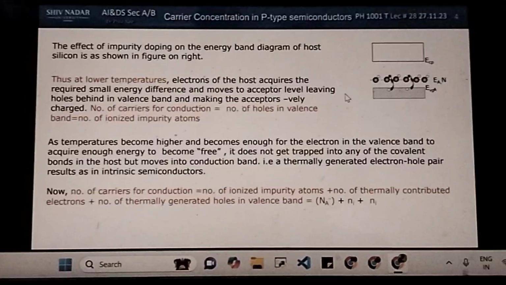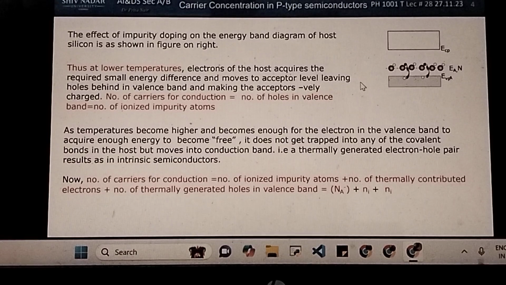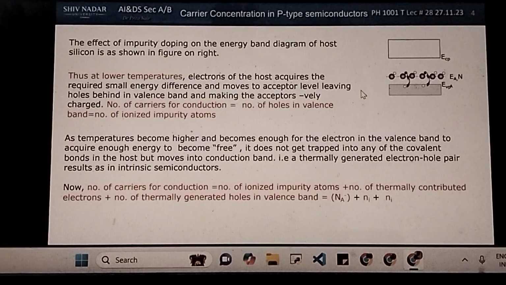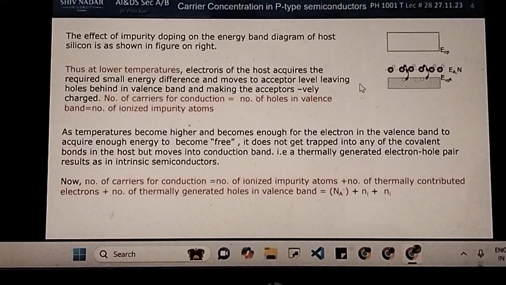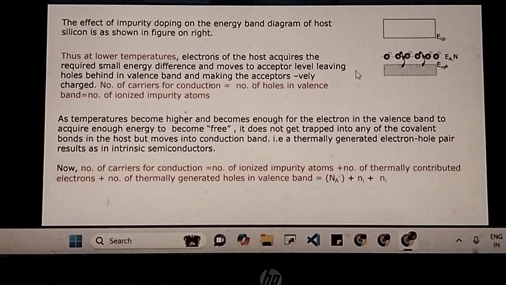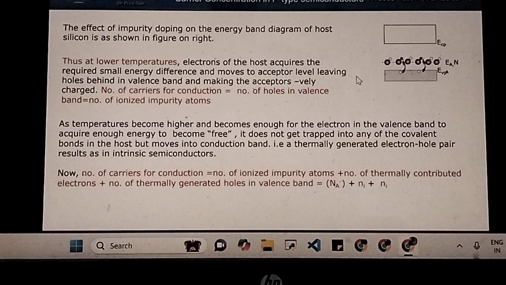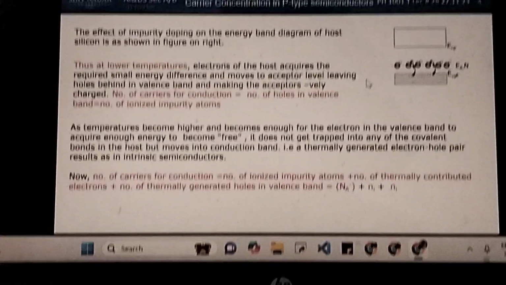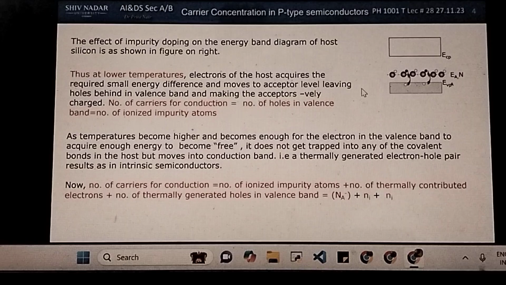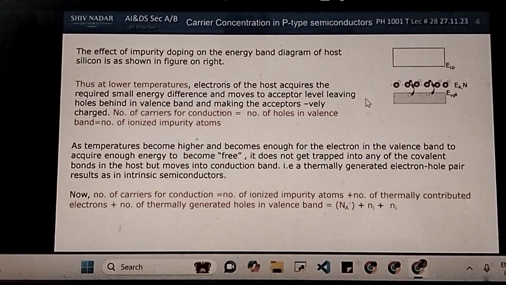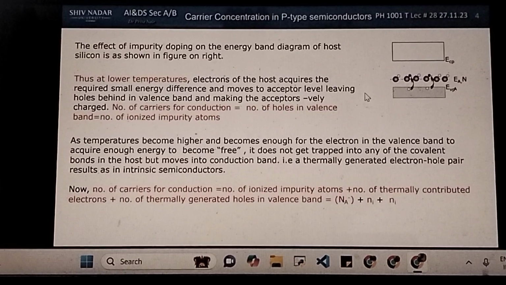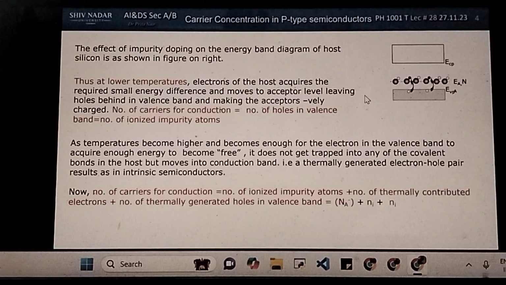Similarly, in the case of p-type, initially the electrons occupy the spaces in the acceptor atoms, so a hole and an ionized atom are formed without any corresponding electrons in the conduction band. Once all the impurity atoms have been ionized, this also starts behaving like an intrinsic semiconductor with electron-hole pairs being created.